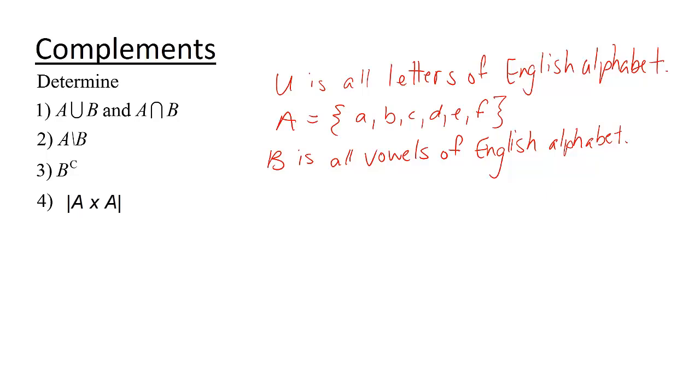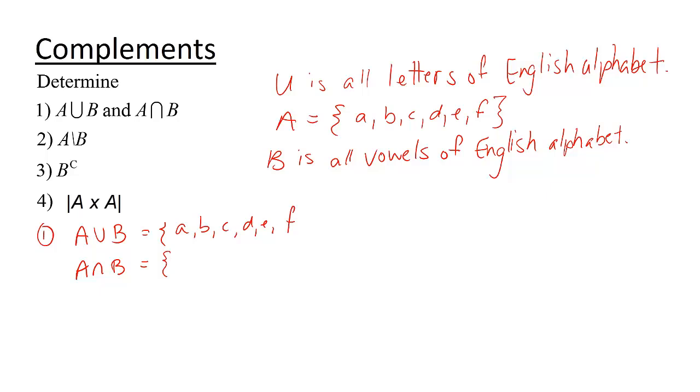Here, our universal set U is going to be the set of all letters of the English alphabet. The set A is going to consist of the first 6 letters of the English alphabet, and our set B is going to be all of the vowels. Let's try to determine the union of A and B, as well as the intersection of A and B. Recall that the union of A and B is all of the elements of A added together with all of the elements of B. So let's list the first 6 letters of the English alphabet.